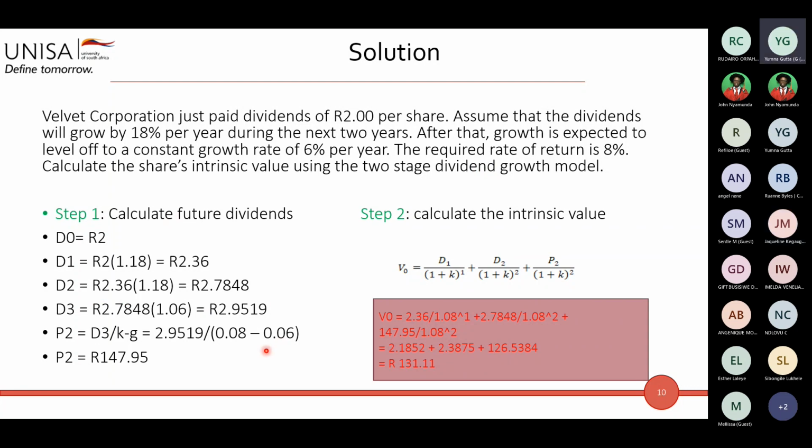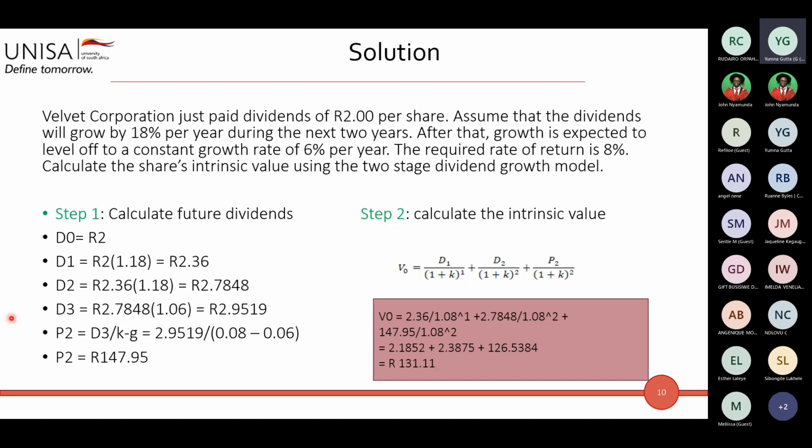Okay, so now we calculate the value at year 0. We take our first dividend, 2 Rand 36 cents, divided by 1.08, which is our required rate of return. Then we take our D2, which is 2 Rand 78.48, divided by 1.08 squared, plus our price, which we calculated as 147.95, divided by 1.08 squared, right?